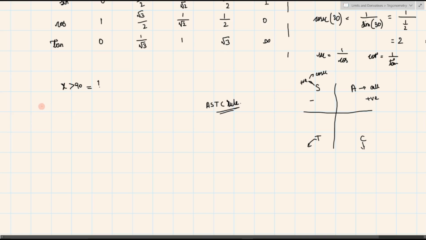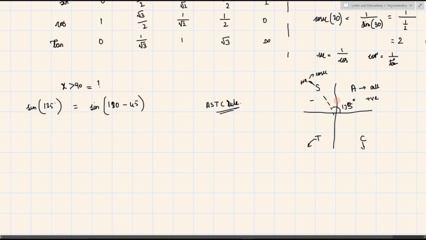Let's say we want to find sine of 135 degree. To do this, we can write sine of pi, that is 180, minus 45, which is nothing but 135. This is obviously in the second quadrant.